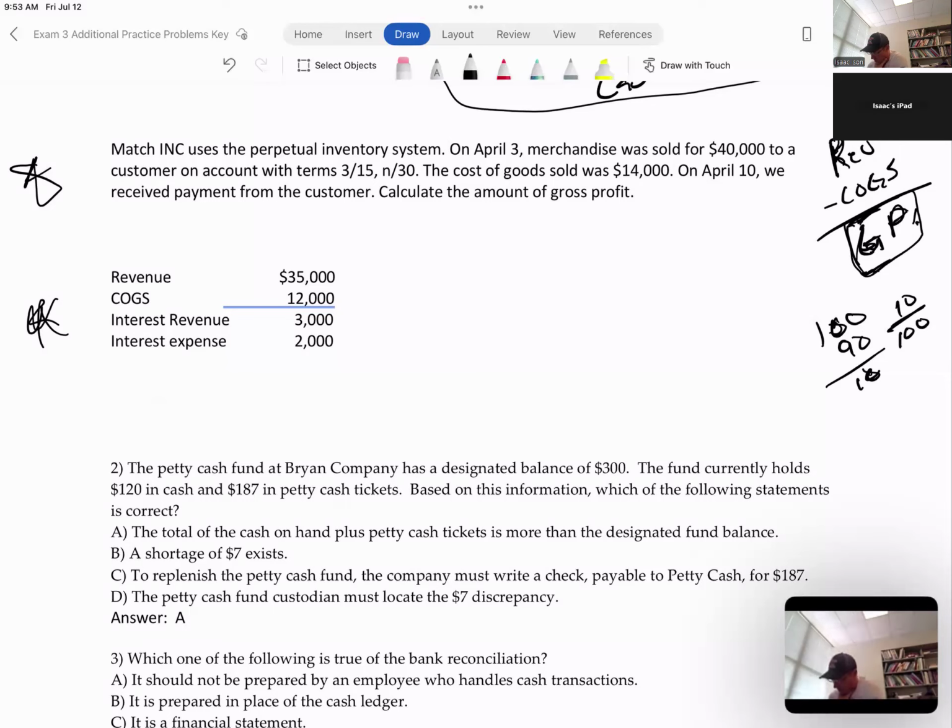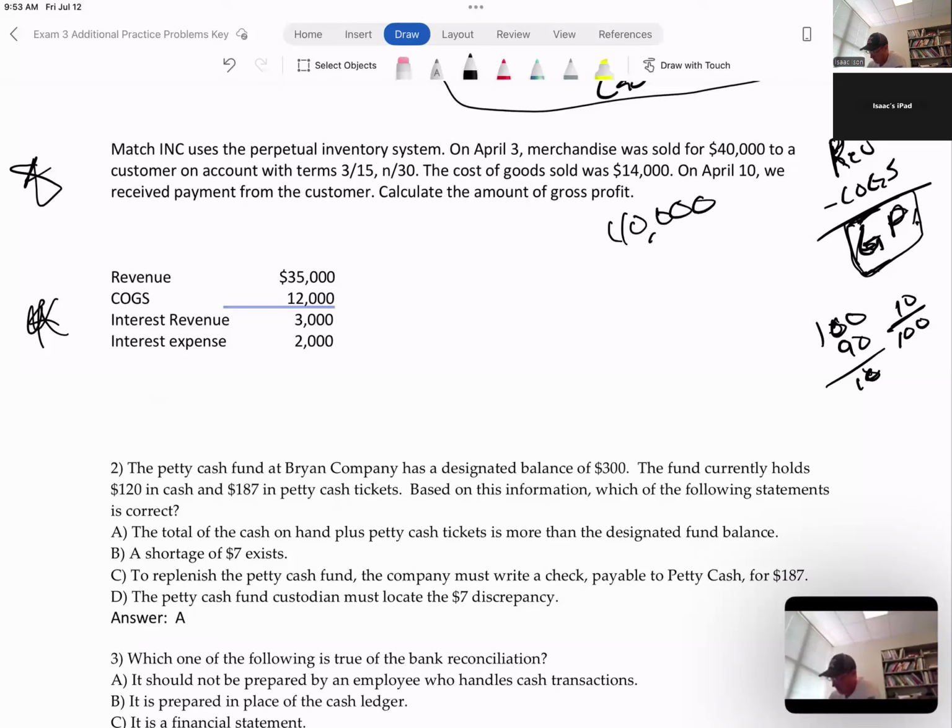So this problem here, though, also has basically discounts based on if they pay early. We're selling on account. So we sold it for 40,000.